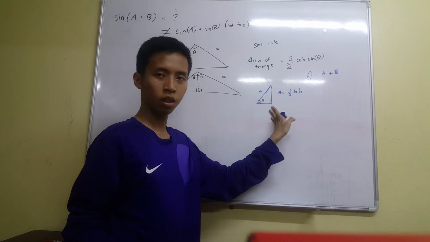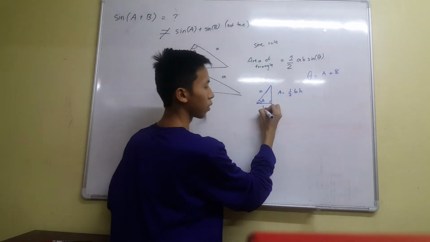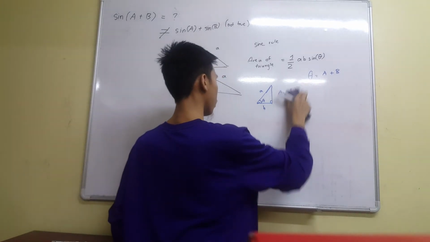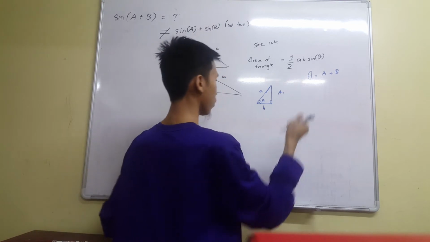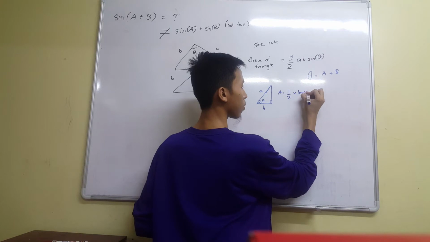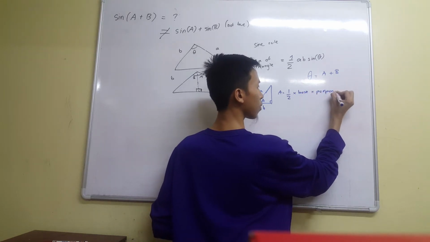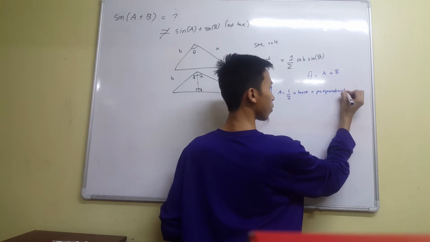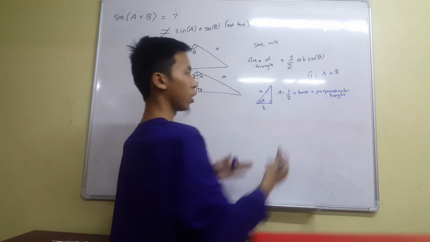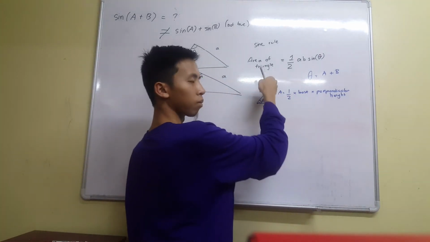You can label the height of this triangle as H. So the area is half the base multiplied by the perpendicular height.